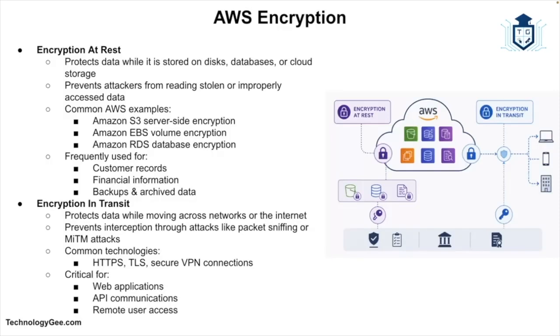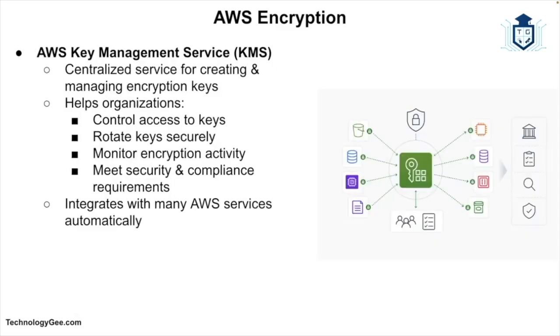We're talking about things like HTTPS and TLS connections. And also, AWS provides centralized key management through services like AWS Key Management Service, allowing you to control encryption keys. So in real-world IT roles, encryption is non-negotiable. So whether you're securing customer data or internal systems, encryption, this is your first line of defense.